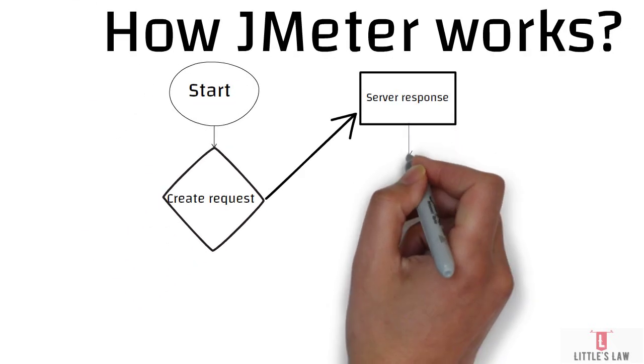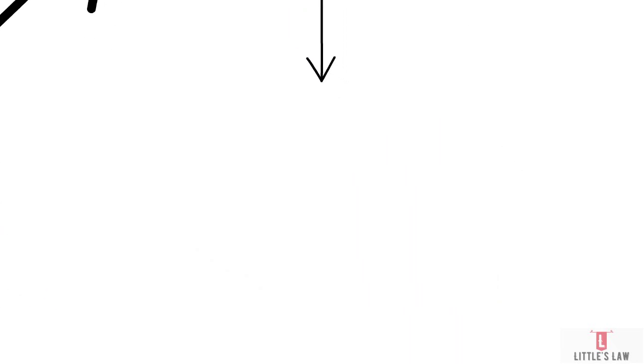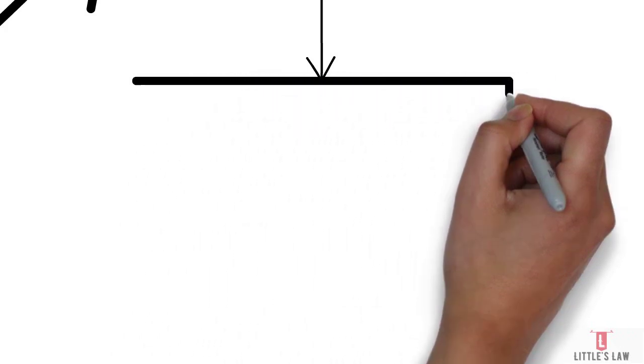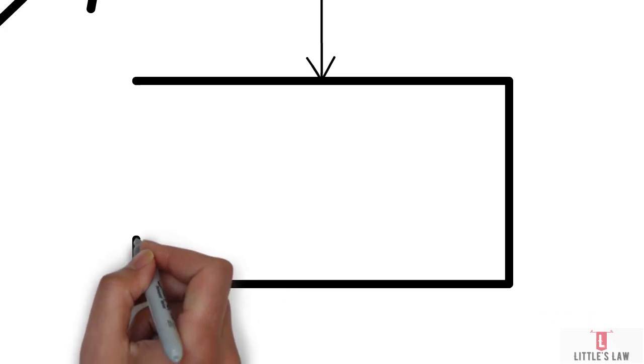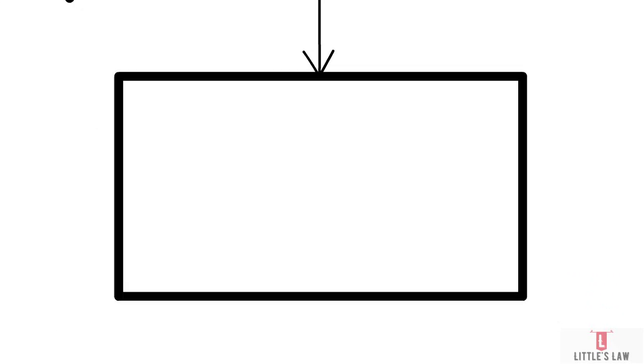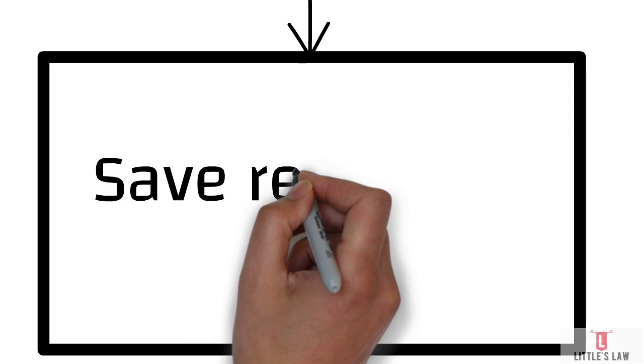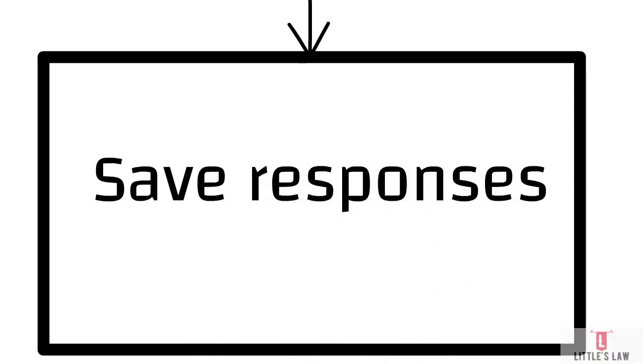And when it comes to the fourth step, which is saving the response, JMeter saves all the responses. As the server sends the responses back to JMeter, JMeter captures and stores these responses. That's a critical task that is done by JMeter.